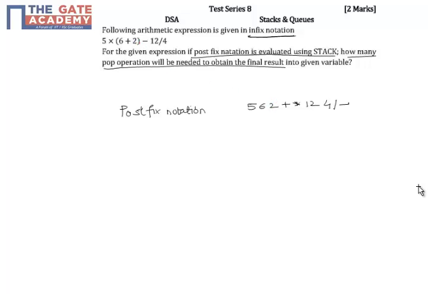After 2, the next token is closing brace. Hence we pop all the operators till we encounter the opening brace in the stack, which is nothing but the addition operator here, and we append that operator to the output. We then discard the opening brace from the stack.